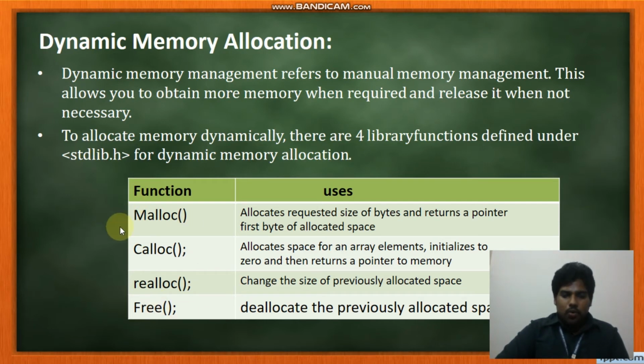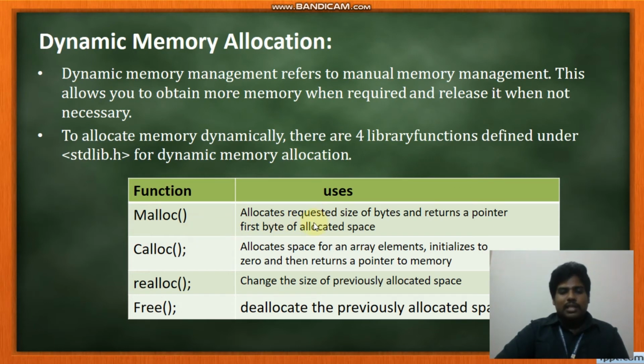Okay, now we can see them one by one. What is malloc? Malloc is used to allocate the memory as per your required size. If I want to allocate 100 bytes, then I can go with malloc.